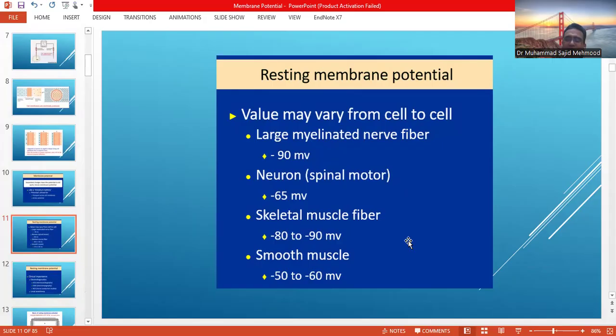Similarly, the resting membrane potential in skeletal muscle is minus 80 to minus 90 millivolt, and in the smooth muscle the resting membrane potential is minus 50 to minus 60 millivolt. In the rest of the cells, the resting membrane potential is generally between minus 70 to minus 90 millivolt.